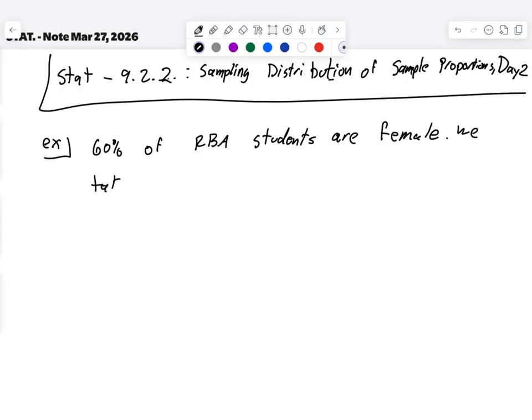We take a random sample of 30 students. Very similar to what we did.